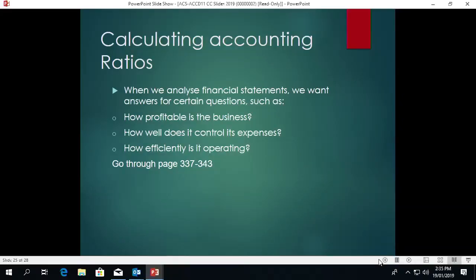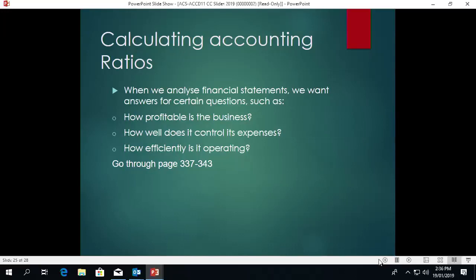The accounting ratios. When businesses are analyzing the financial statement, we want to know answers to certain questions. Like, is the business profitable? Profitability ratio. How well does it control the expenses?